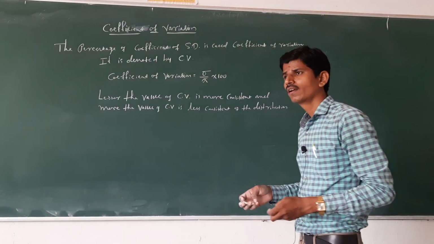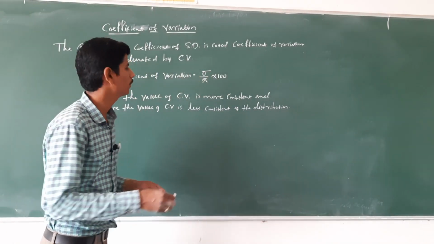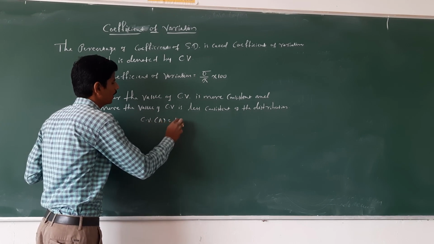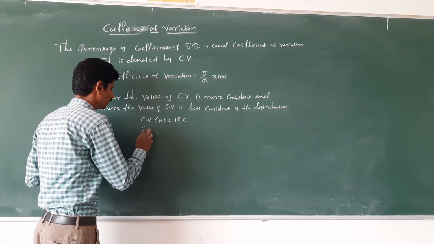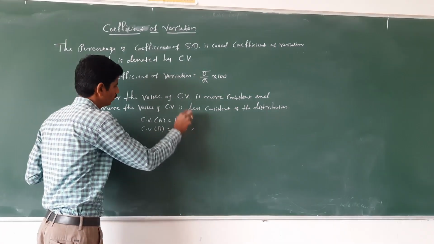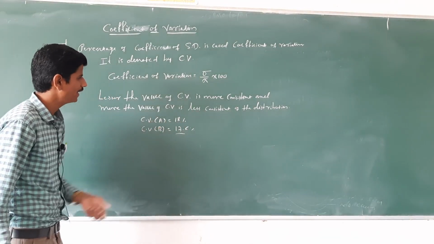For example, CV for A and CV for B. Suppose CV for A is 18% and CV for B is 17.6%. Here, the lesser the value of CV, the more consistent.